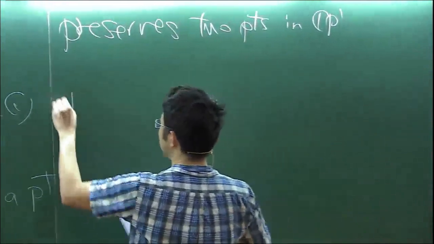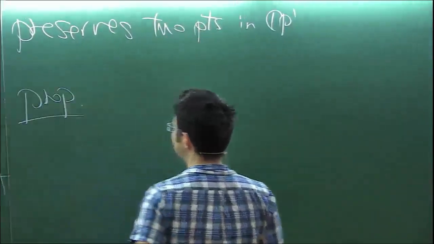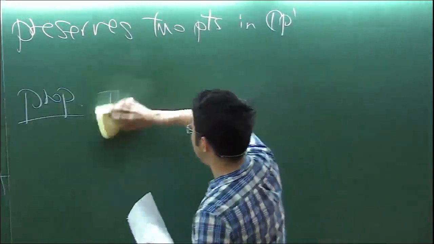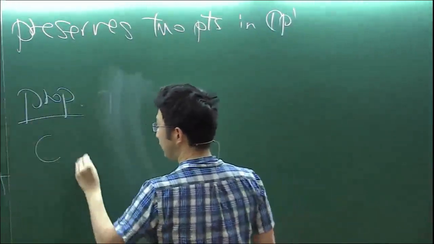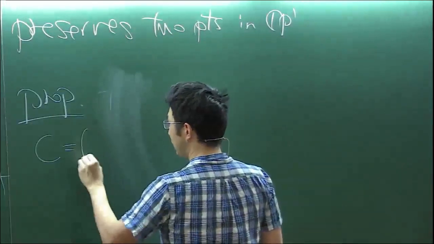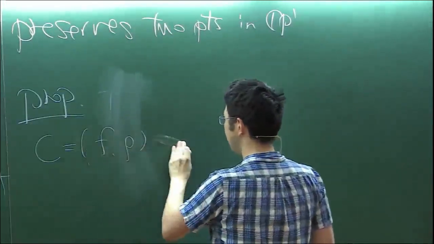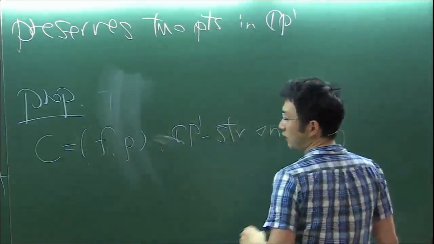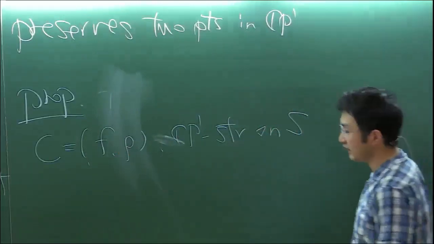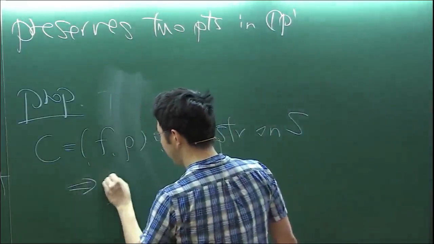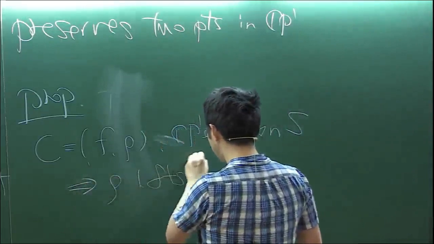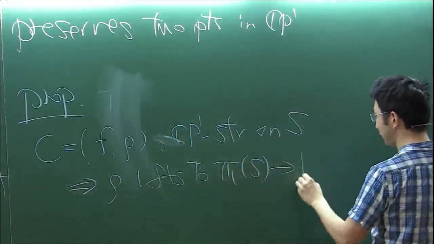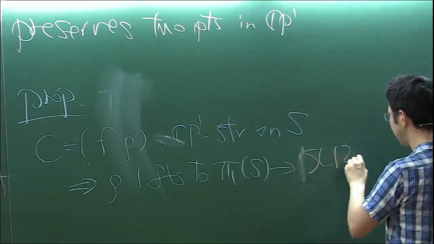And then we also showed the following proposition: if C is a CP1 structure on the closed surface S of genus at least 2, then rho lifts to a homomorphism from the surface group into SL2C.